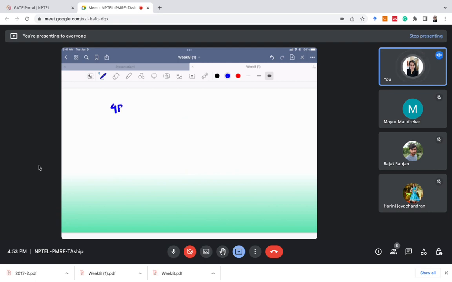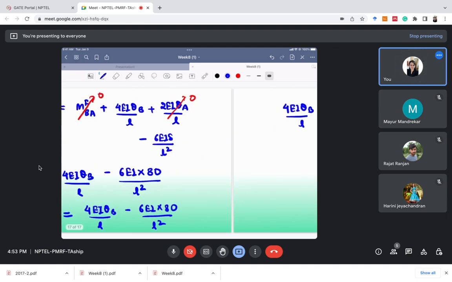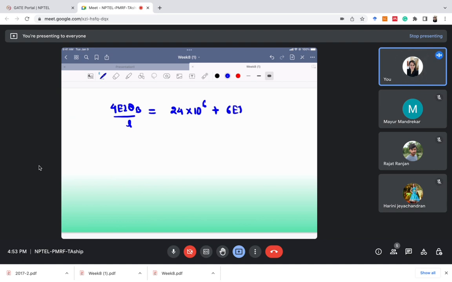I'll write 4EI theta B over L is equal to 24 into 10 to the power 6 plus 6EI into 80 divided by L square. Just do it. I need to check whether you are solving it keeping every unit the same. Everything else is given to you, just find the value of theta B. What value of theta B are you getting? Just try it yourself.